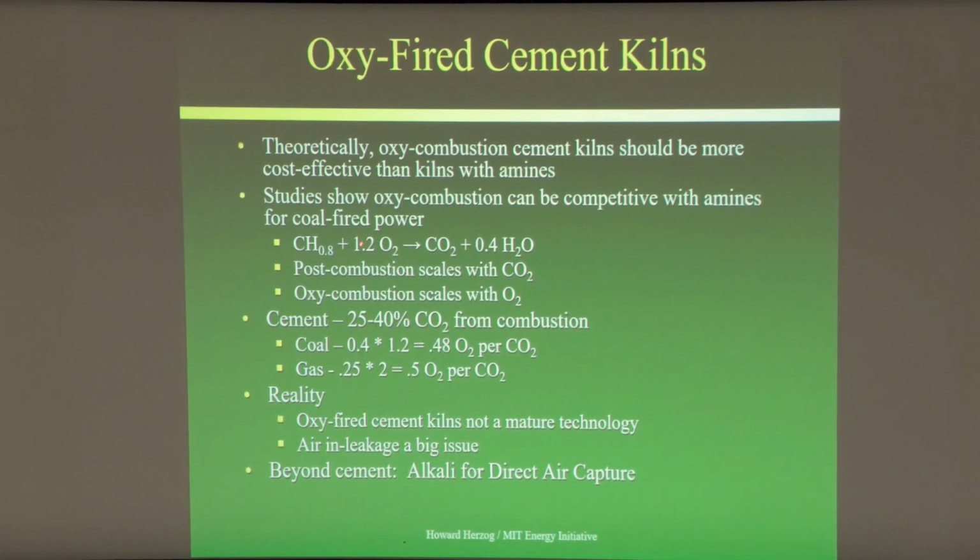So that's much better economically than needing 1.2 molecules per molecule of CO2. Similar numbers for a gas plant here. So it looks like oxy-fired kilns can be very cost-effective in these plants.